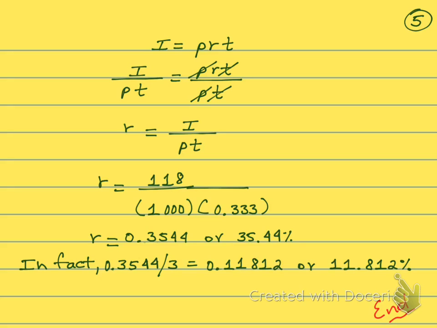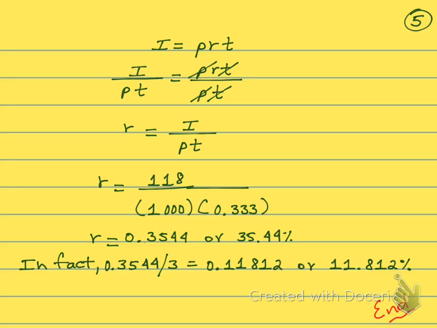R is equal to 118 over 1000 times 0.333. Okay, because 1 over 3 is equal to 0.333.